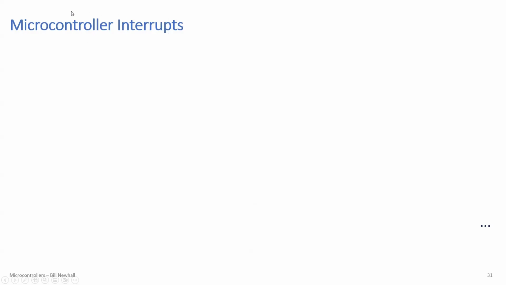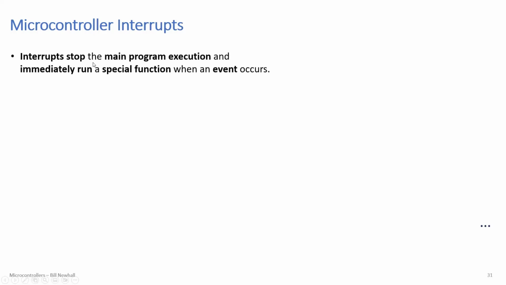Okay, let's talk about interrupts. So this is a change of gears, but you're also using interrupts in lab to do useful things. Interrupts stop the main execution of the program, and they immediately run a special function when an event occurs. And remember, an event can be like a pin going high on a digital port or a timer expiring.